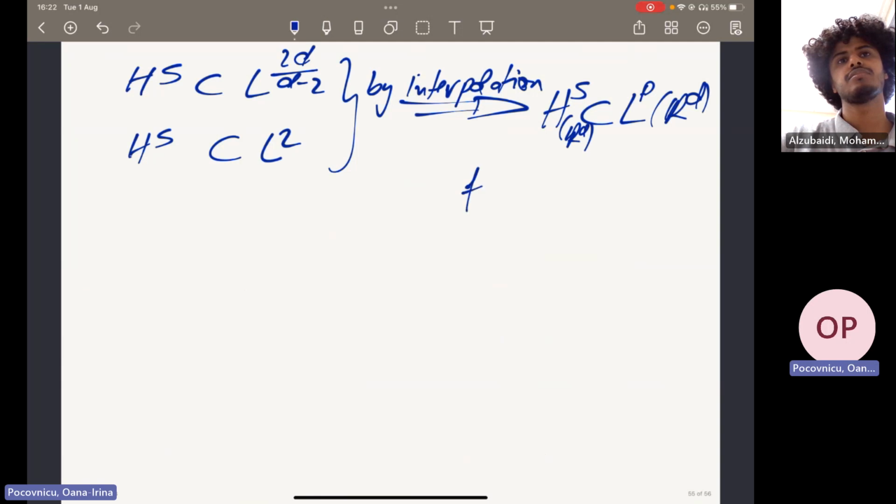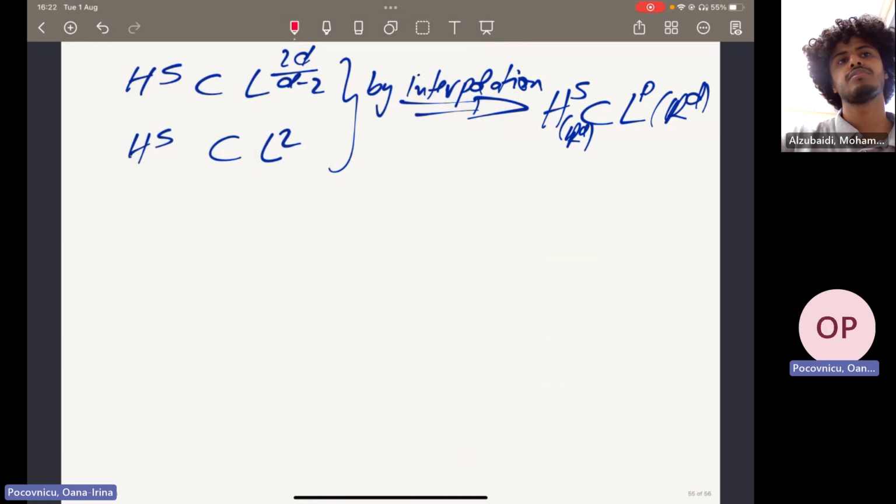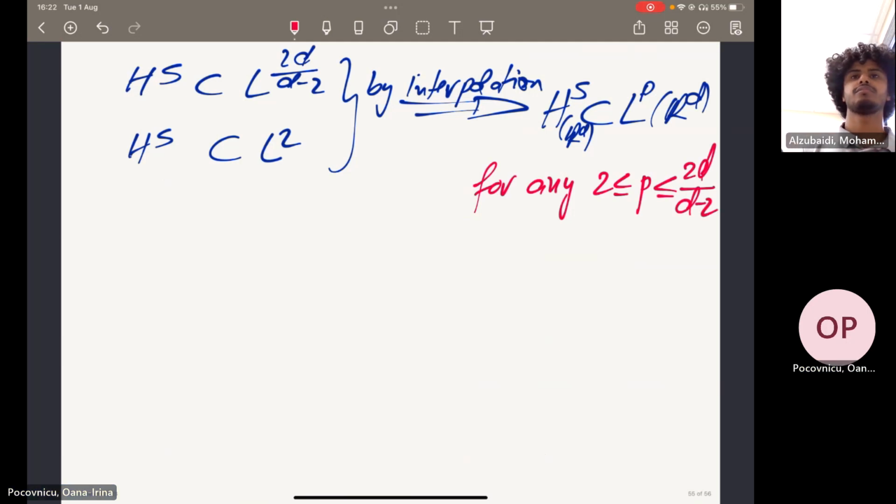The key point is this happens for any p between 2 and 2D divided by D minus 2.